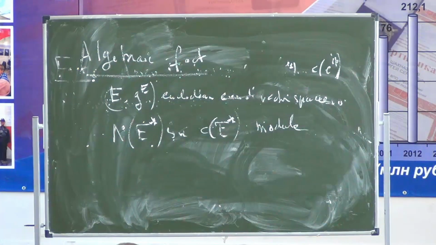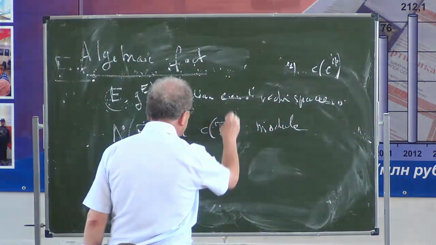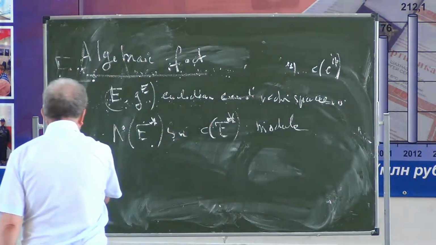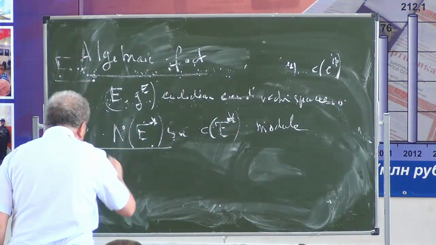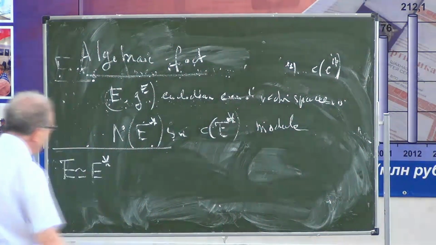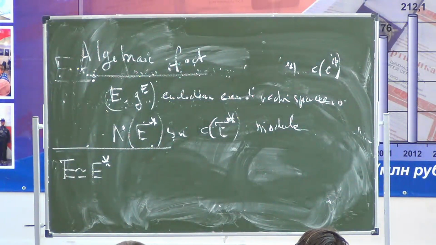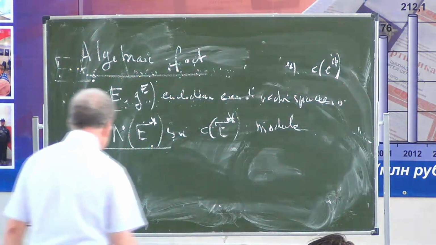So in other words, the exterior algebra itself is a representation space for the Clifford algebra. To describe this, I will just identify E to E* by the metric. So I will describe what the Clifford action is.